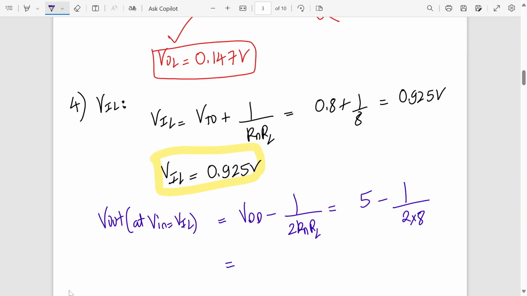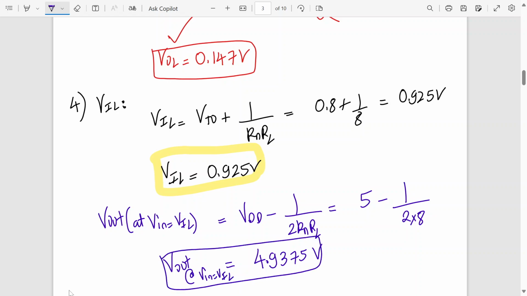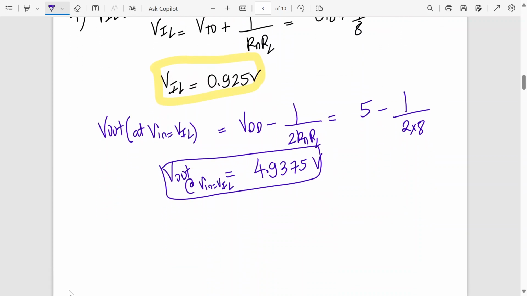How much is that? 4.9375. Yes. So V out at V in equal to VIL is this much. Why we require this, I'll inform you when we actually get this completed.